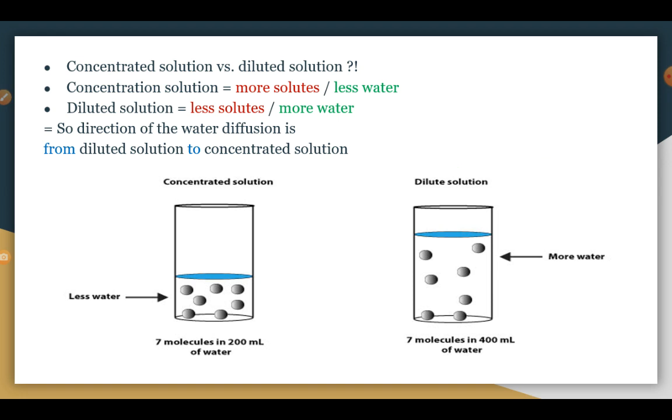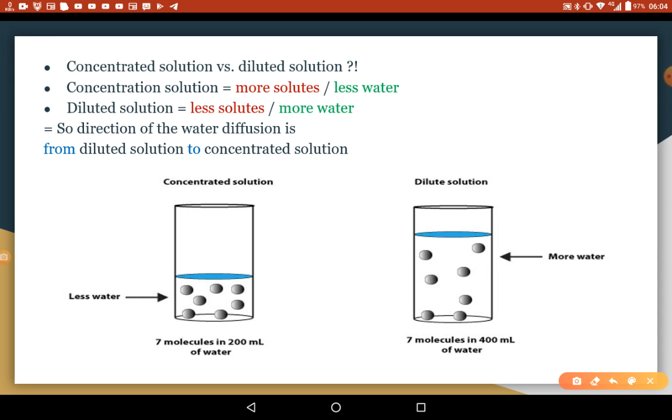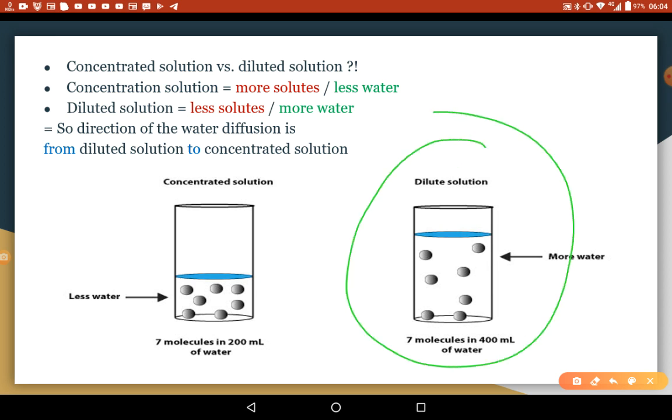Concentrated means we have more solutes and less water, but dilute means we have fewer solutes and more water. So the direction of water diffusion is from the diluted solution to the concentrated solution. Why is that? Because we have more solutes here. From low solute concentration to high solute concentration.